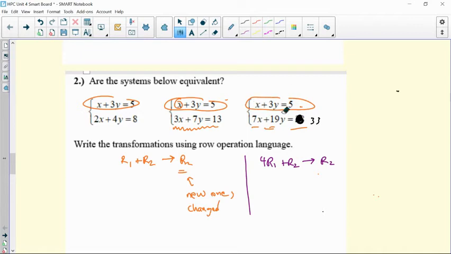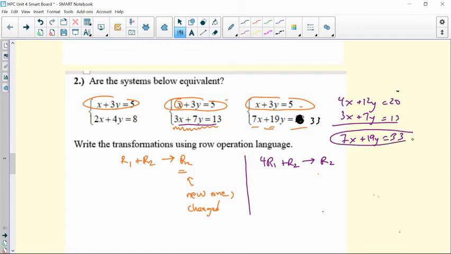So you'd have 4x plus 12y equals 20, and you add that to the 3x plus 7y equals 13, and you would get 7x plus 19y equals 33. So this right here is the new row 2. And that's exactly what I had right there, if I didn't make that typo, where the first one stayed the same.